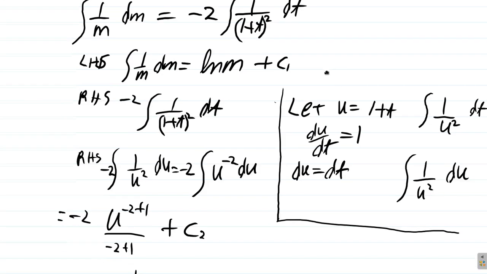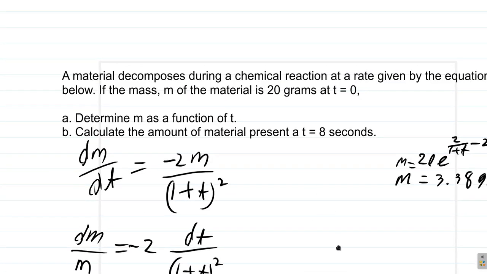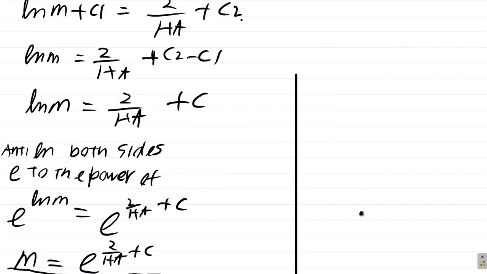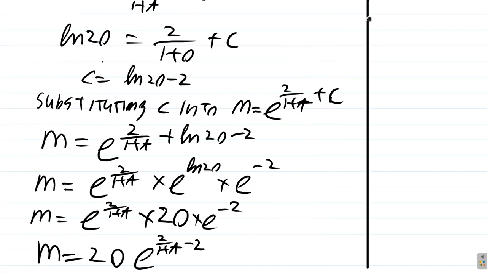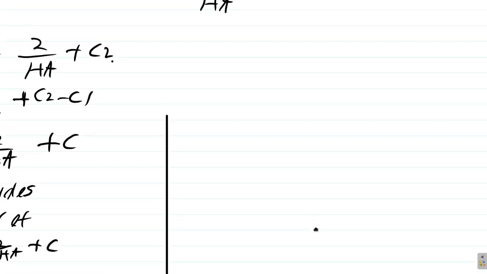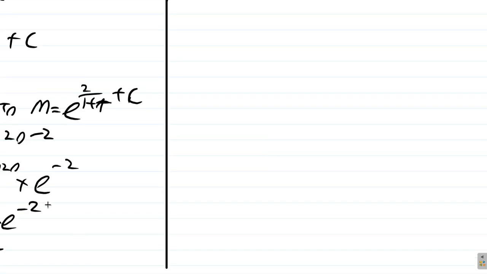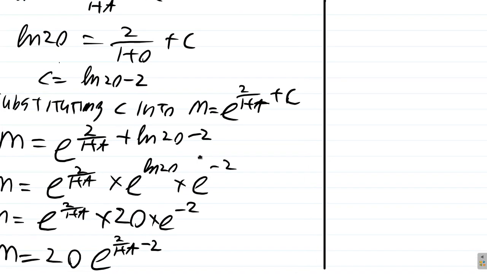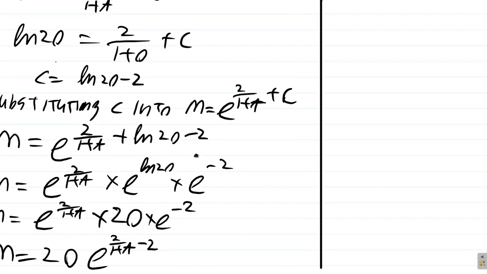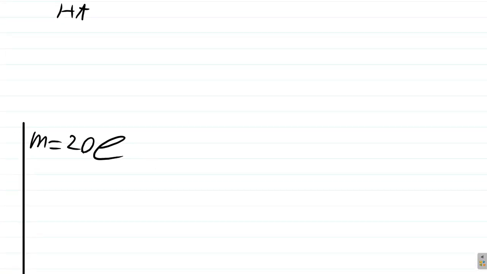Now, when t is 8 seconds, let's see what happens. M equals 20e to the 2 over 1 plus t minus 2.